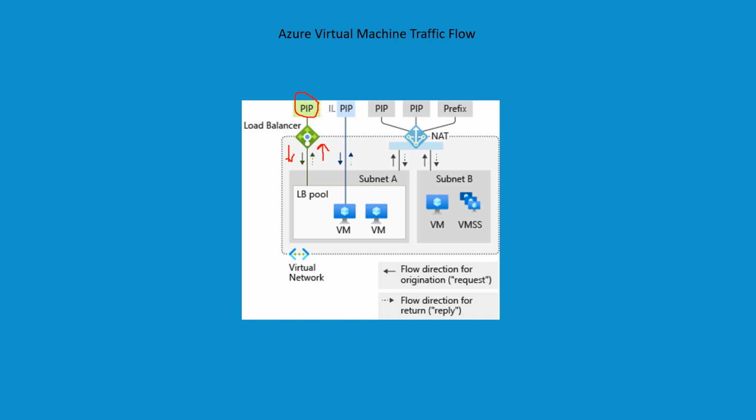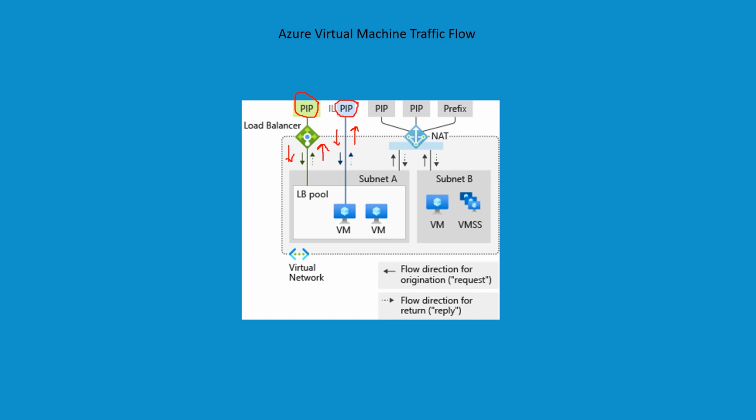Similarly, you can have an instance level public IP address assigned. In that case, anything which is initiated from outside will be coming to the public IP address, and while going outside you will be utilizing the same public IP address.